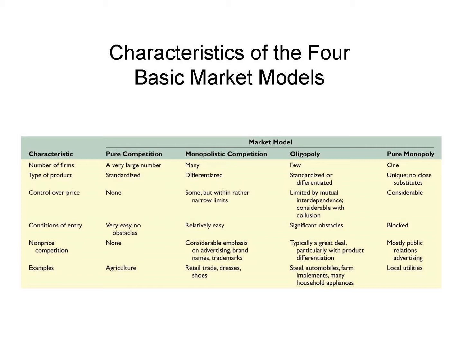When we talk about the next characteristic, control over price, this firm is going to have considerable control over price. So the one-firm industry, the monopolist, has serious pricing power. And the reason is simple. Look at the next characteristic, conditions of entry. It's blocked. It's almost impossible for another business to enter this industry. Think about the diamond industry and De Beers.